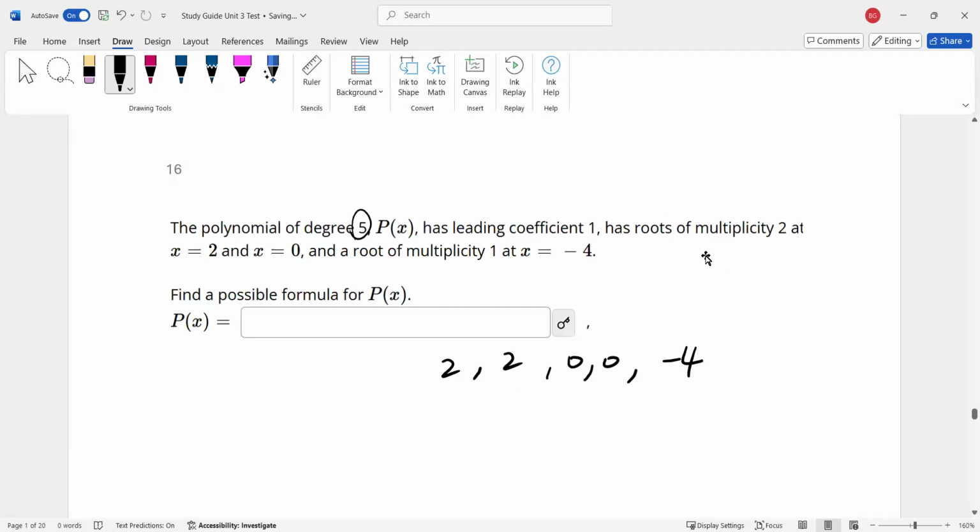It has roots of multiplicity 2 at 2 and 0. Okay, 2, 2, 0, 0, -4. So those are the 5 zeros. Very good. The 5 zeros change their sign: x minus 2, x minus 2, x minus 0, x minus 0, x plus 4. And put the x in front of it.